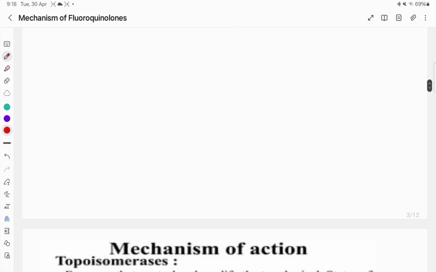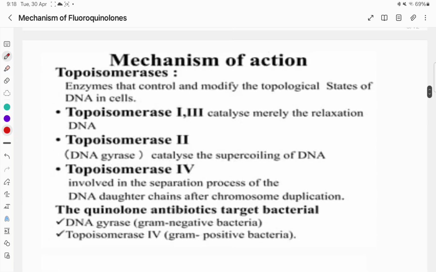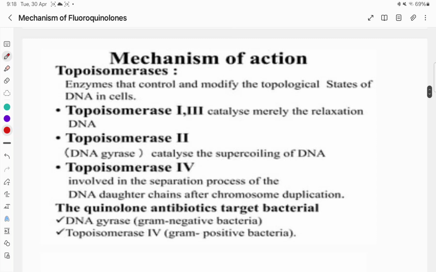As far as topoisomerase is concerned, there are 4 types of topoisomerase, and these enzymes control and modify the topological states of the DNA in cells. Topoisomerase 1 and 3 catalyze merely the relaxation of DNA, whereas topoisomerase 2 catalyzes the supercoiling of DNA, and topoisomerase 4 is involved in the separation of the daughter chains after chromosome duplication.